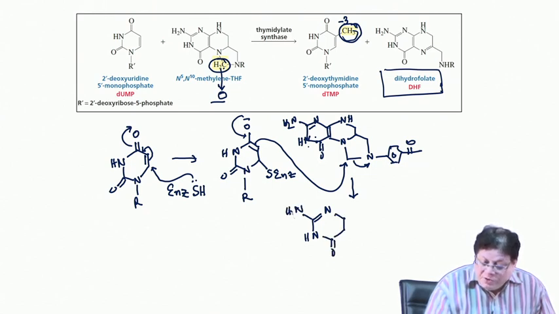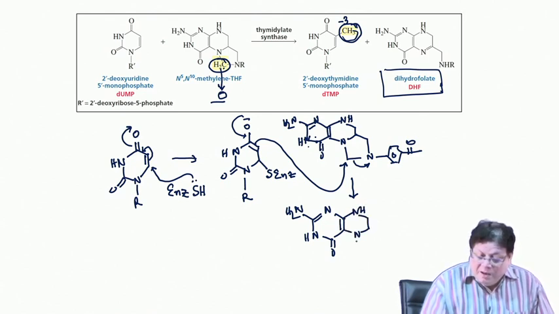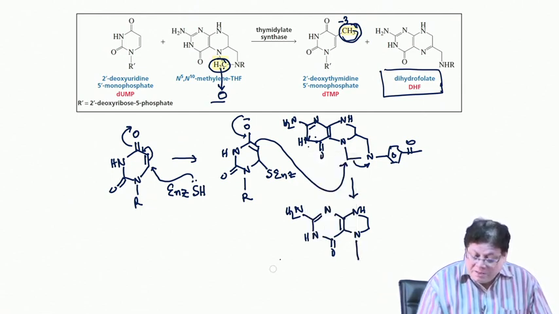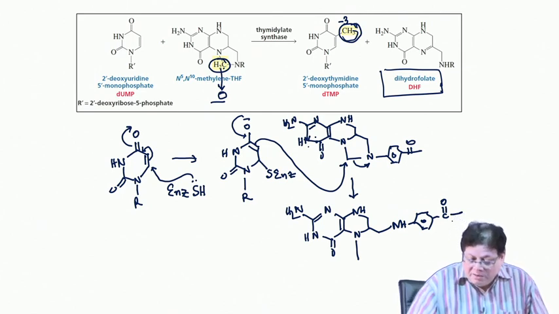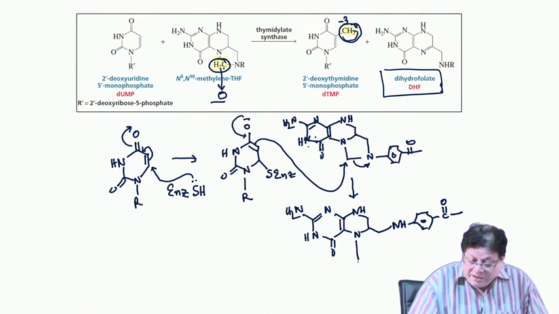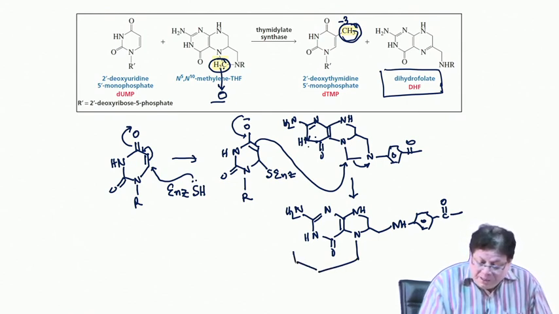This is your NH2, this is your carbonyl, and that is NH, then N, and this is now released as the para-aminobenzoyl, okay. Then this is glutamic acid. So, you have this attached to that uracil moiety now.